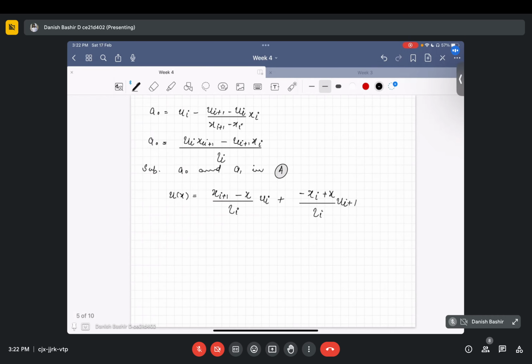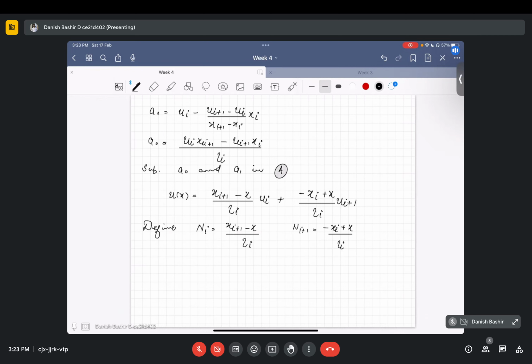Let me define some constants here. Let me define Ni to be equal to (xi plus 1 minus x) divided by li, and another one, Ni plus 1, to be equal to (minus xi plus x) divided by li.